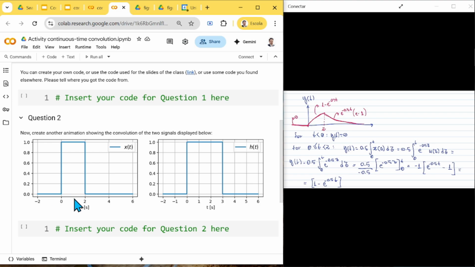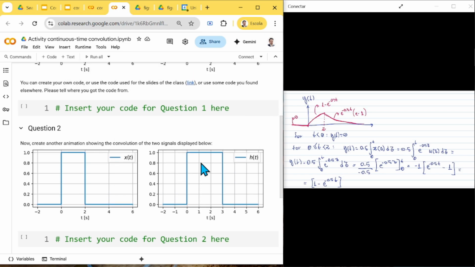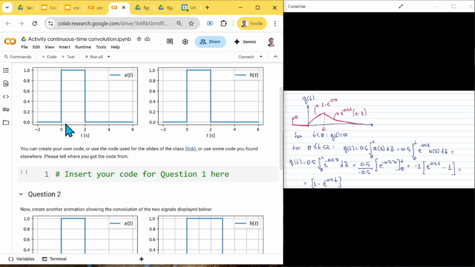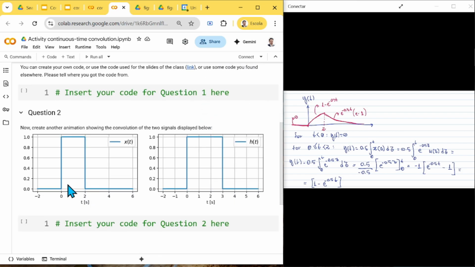This one has duration 2, this one has duration 3. So I want to show you what will happen in each case. Please notice that here the result will have a duration of 4, which is 2 plus 2, and here it will have a duration of 5, which is 2 plus 3.